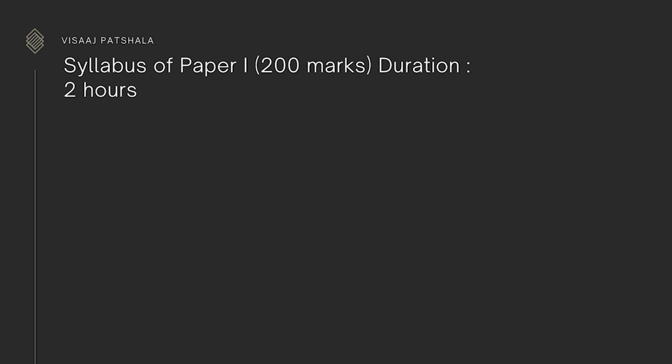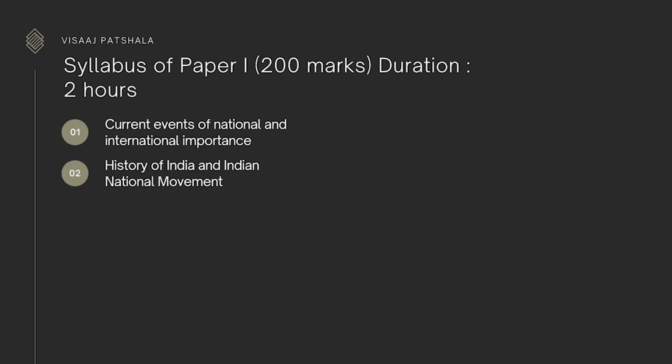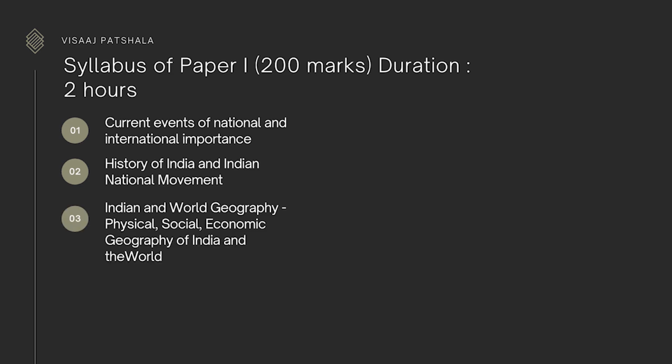Now the syllabus for UPSC Paper 1 is as follows. Paper 1 is of 200 marks, duration 2 hours. Point 1: current events of national and international importance. Point 2: history of India and the Indian national movement. Point 3: Indian and world geography, that is physical, social, and economic geography of India and the world.